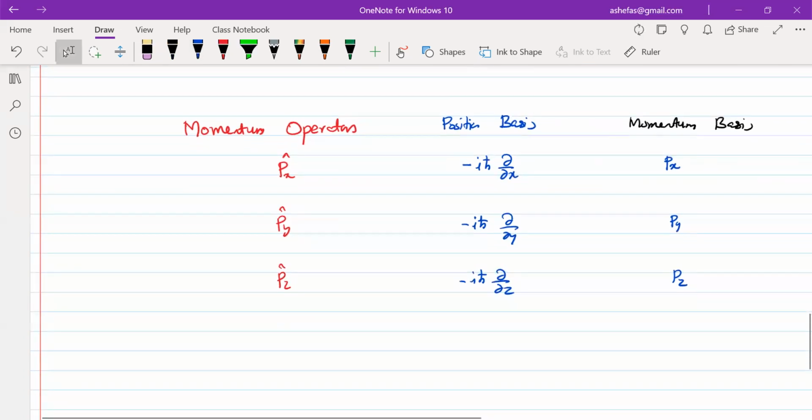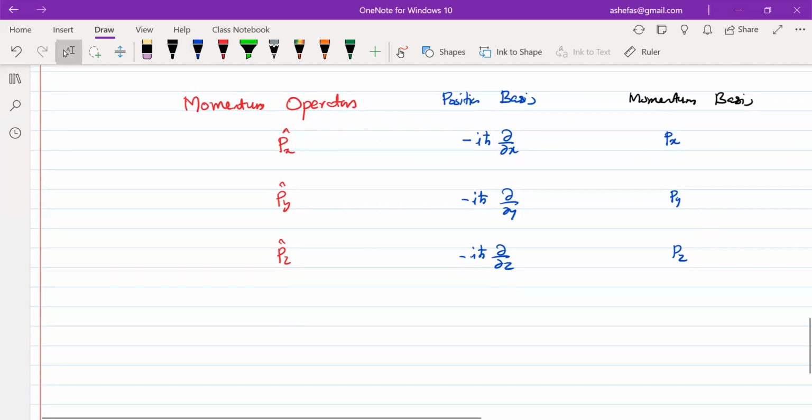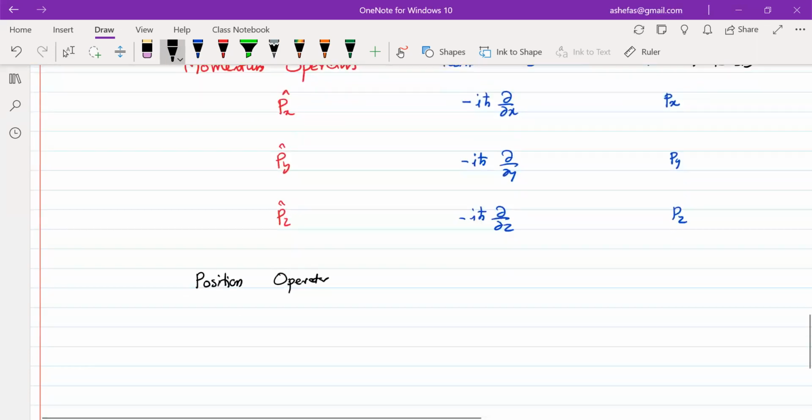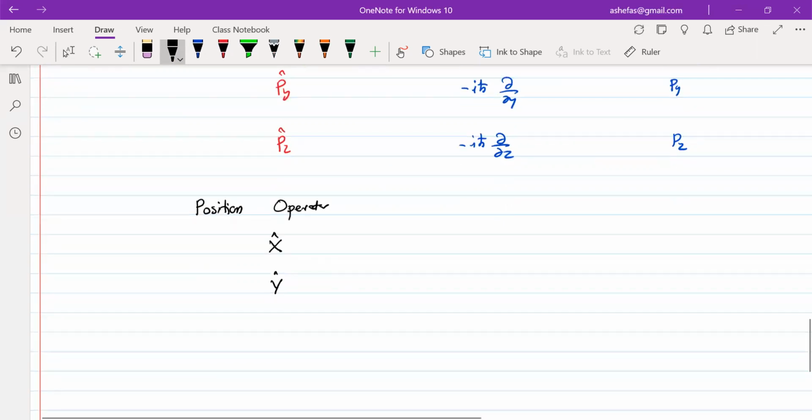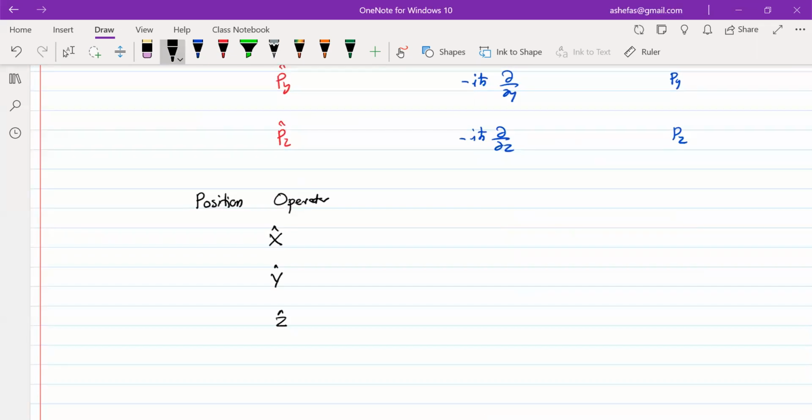So similarly, we can find the representation of the position operators. That I am leaving to you to do as an exercise. In the same way we can find these representations of the position operators: the x, y, and z position operators.